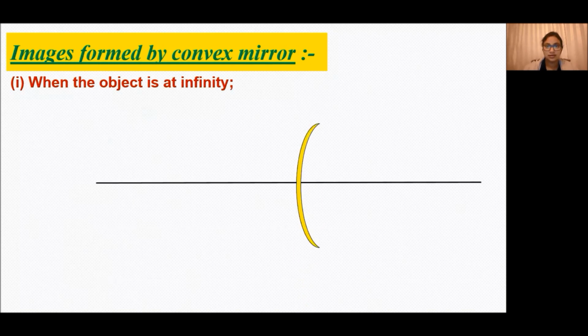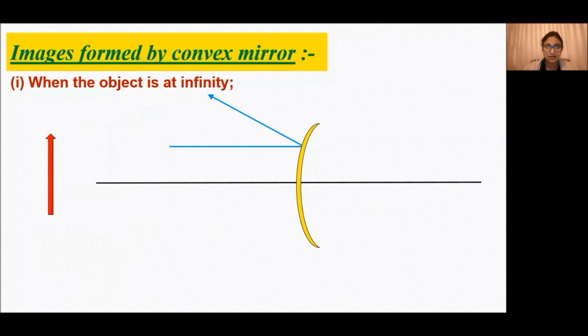Now let us look into the image formed by a convex mirror. Remember the 4 rules. When the object is at infinity, this is a convex mirror. The object is placed at infinity. A ray of light passes parallel to the principal axis.